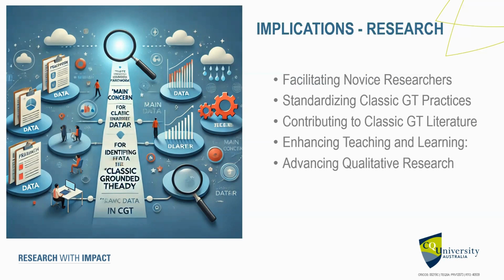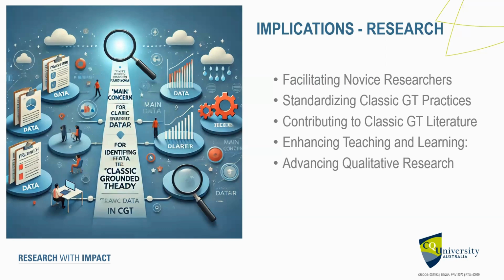This guide can be integrated into classic grounded theory training programs to offer step-by-step instructions and practical examples. By offering a visual representation of the process, the guide can help standardise how classic grounded theory is conducted across studies, ensuring that the identification of the main concern follows a consistent and reliable path.